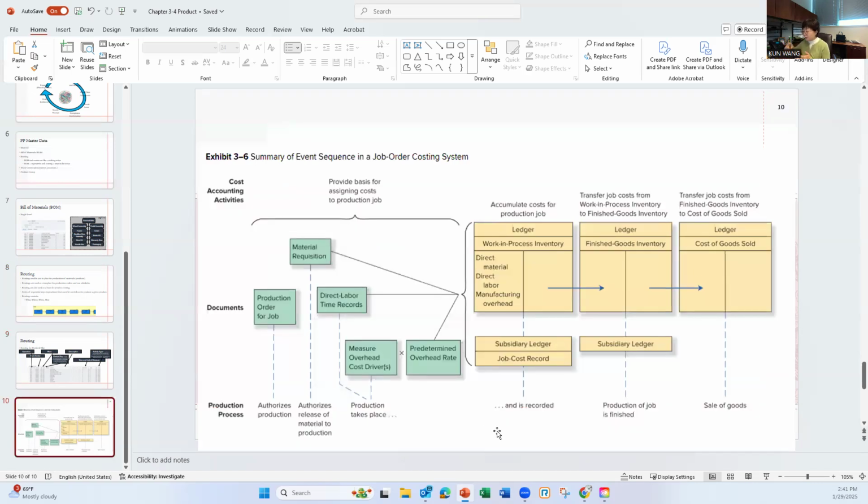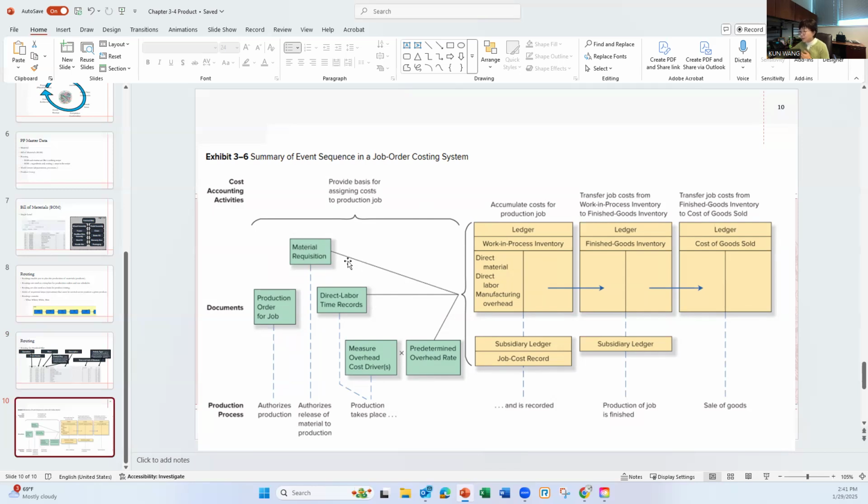And finally, in this video, this is the figure I copied from the book. Okay, so a summary of the event sequence in the job order costing system. You can see when we introduce it in the book, it's not really specifying that we are using SAP, but this is more like a general presentation of the sequential steps. So we have material requisition, which will help you get all of the resources.